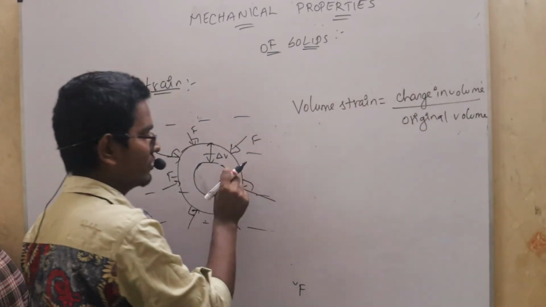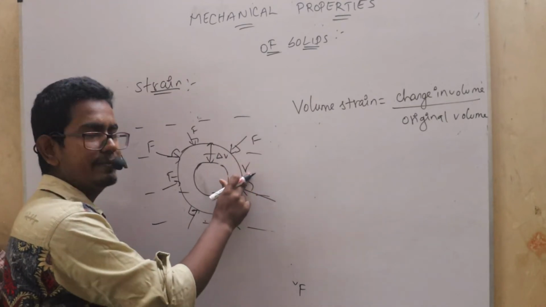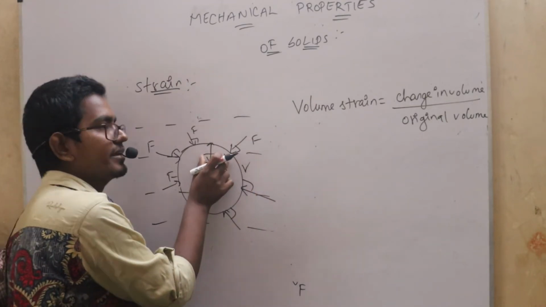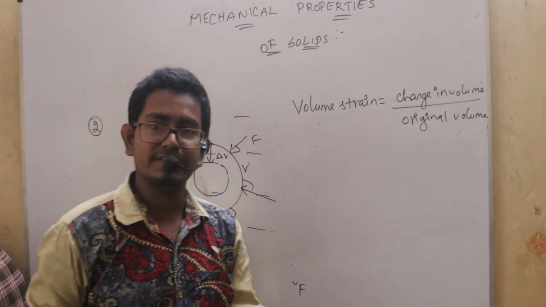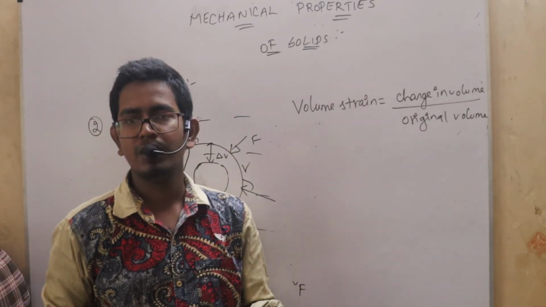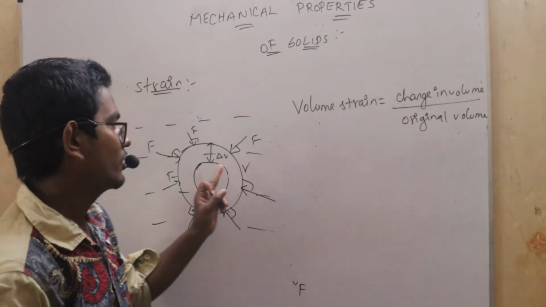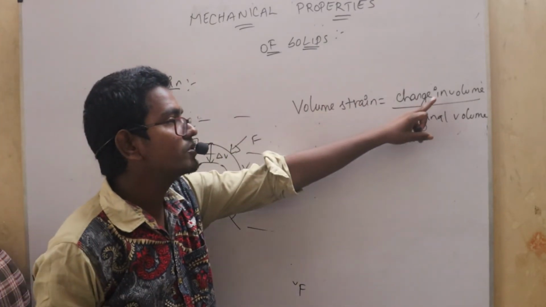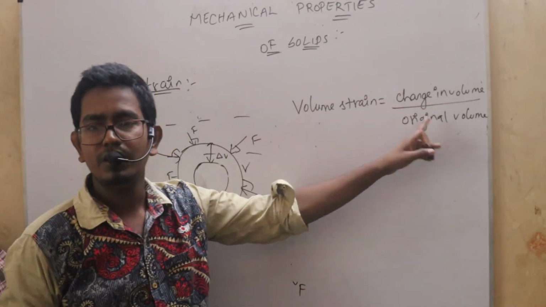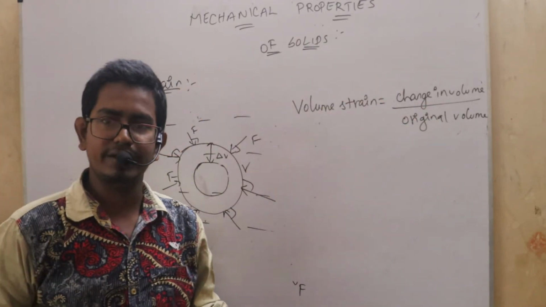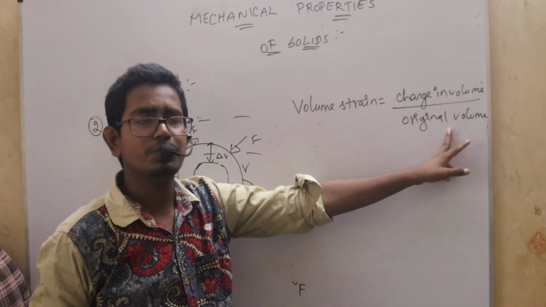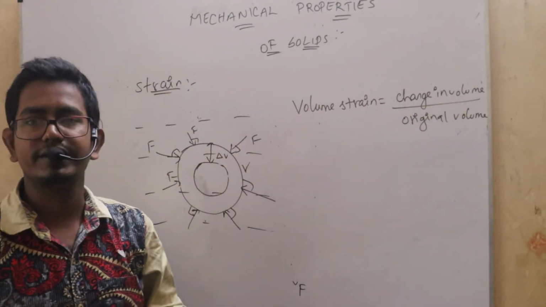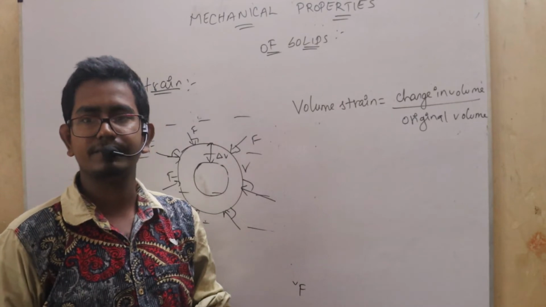Let the original volume be V and the change in volume be del V. That means del V upon V. So whenever I am observing the change in the volume, the change in volume upon original volume will be known as volume strain. It is the second type of strain.